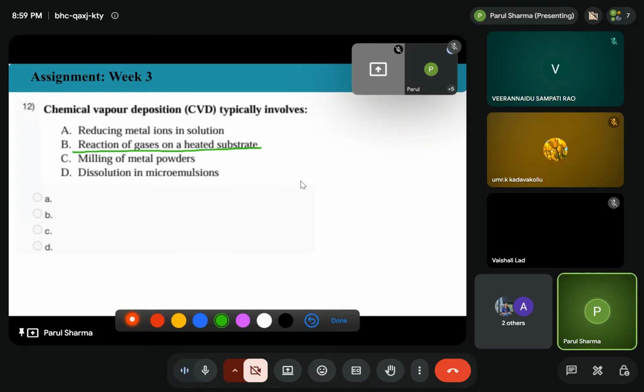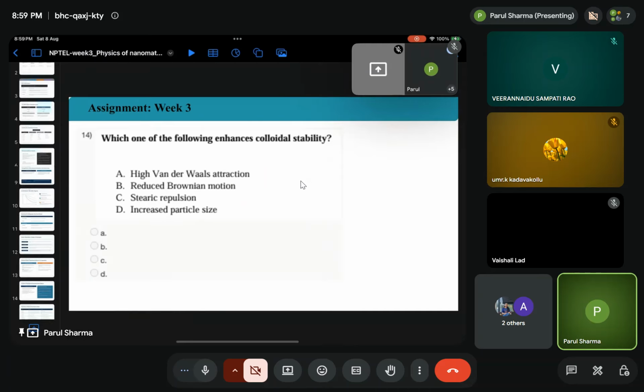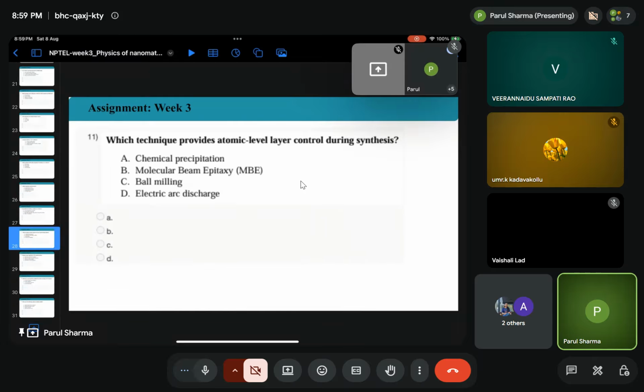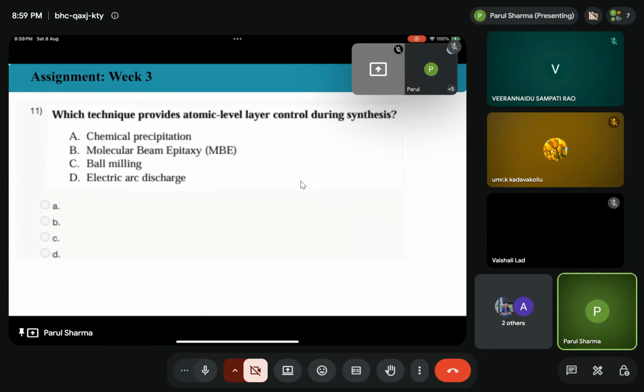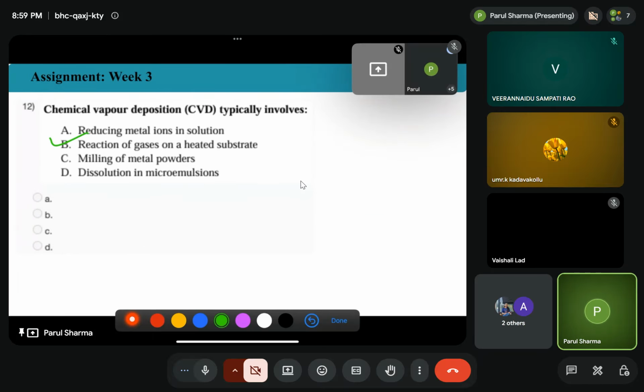It's chemical, so obviously a chemical reaction will happen and it will deposit on a substrate. So the correct answer is B.